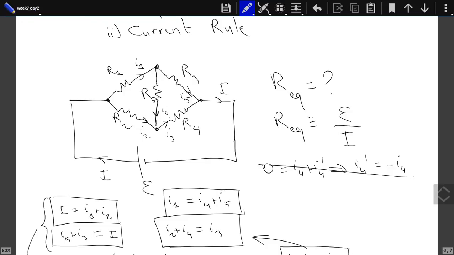Then if you ask the question, what is the condition under which I4 is 0? Then you can just solve these equations taking I4 equal to 0. Those equations will be consistent with each other under a certain condition, and that is your condition under which I4 is equal to 0.